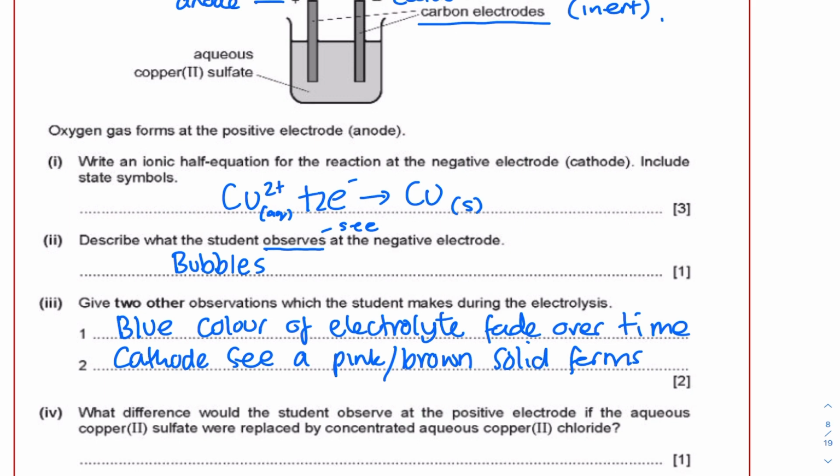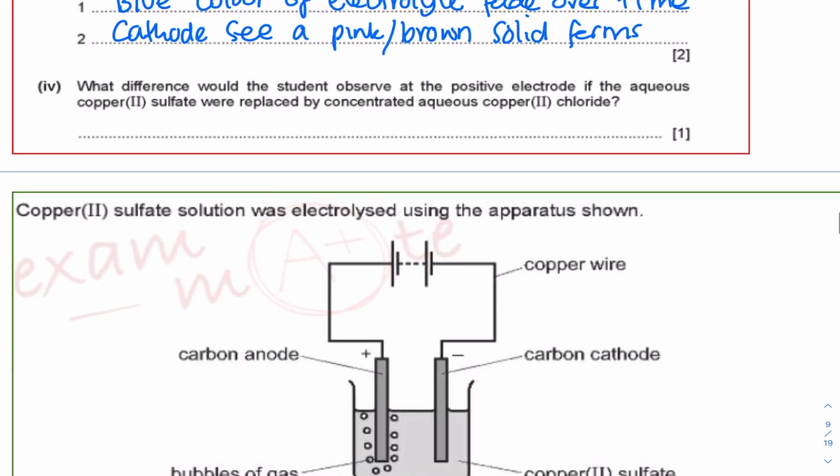What difference would the student observe at the positive electrode if the aqueous copper 2 sulfate were replaced by concentrated aqueous copper chloride? Well, if you've got a concentrated solution with a halogen in it, then the bubbles would have a greeny colour, because chlorine gas would be produced instead of oxygen.